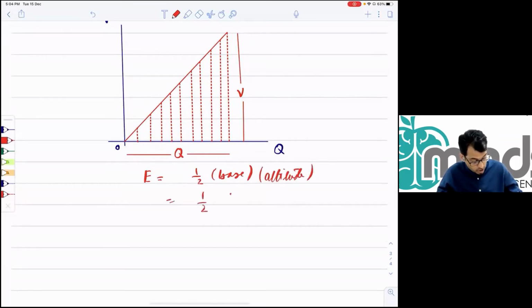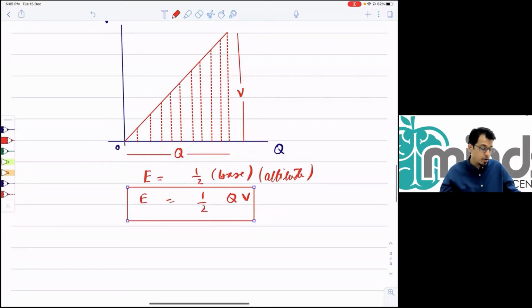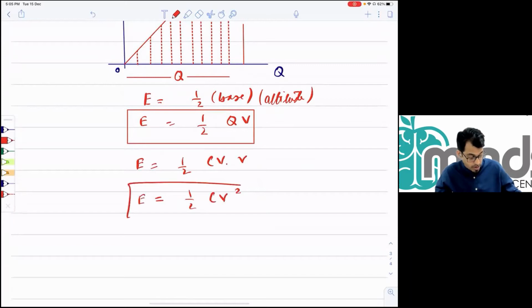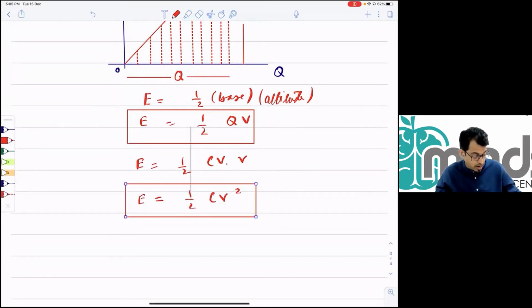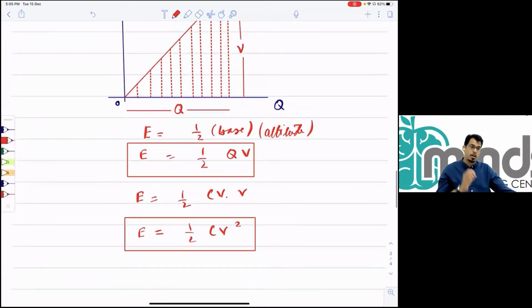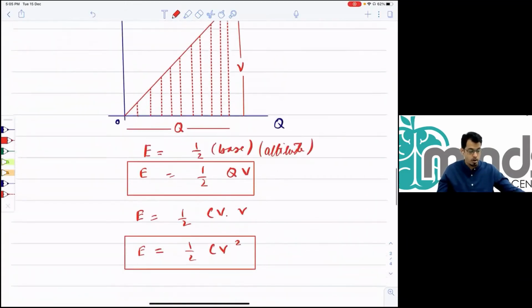Here base is Q, altitude is V, so energy is equal to half QV. Since we know that Q is equal to CV, E is equal to half CV into V, which becomes half CV squared. This is the energy stored in a capacitor.